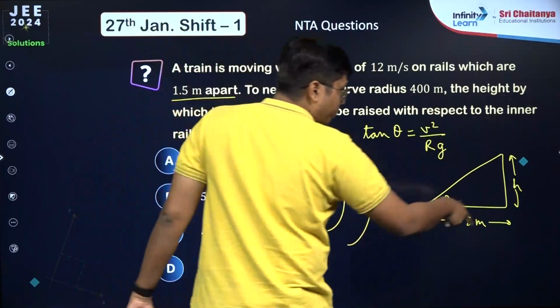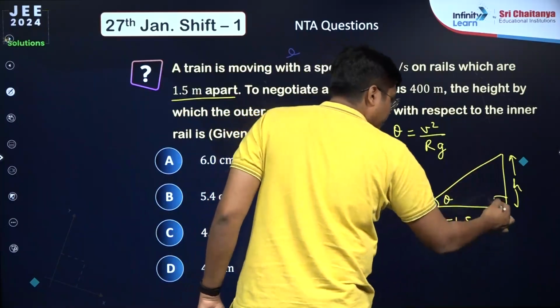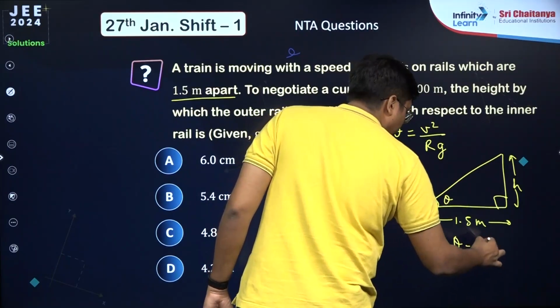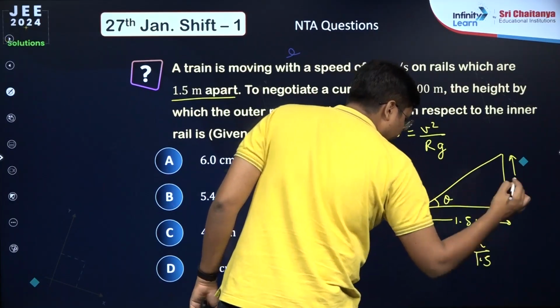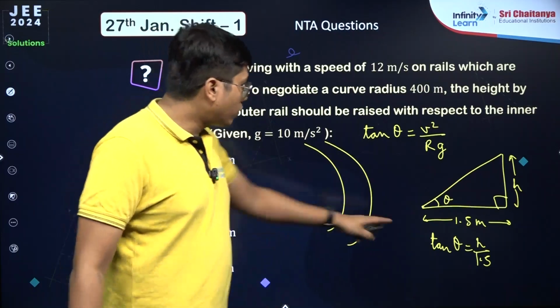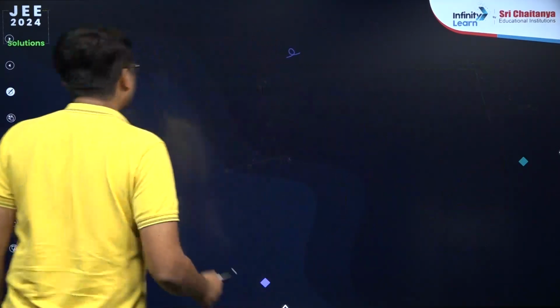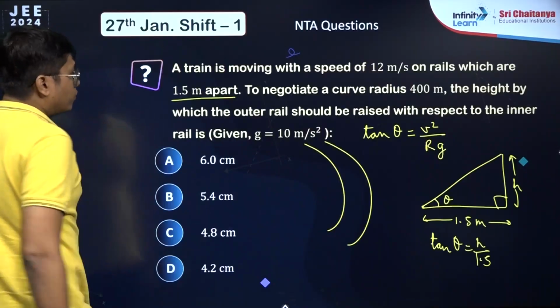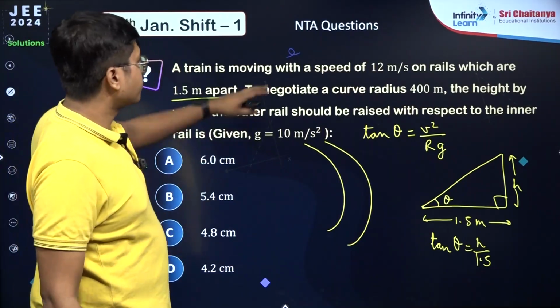And you can see from this right angle triangle, tan theta is equal to h by 1.5. So that's what we replace in here, and I can write the equation as h by 1.5 is equal to v square by rg.